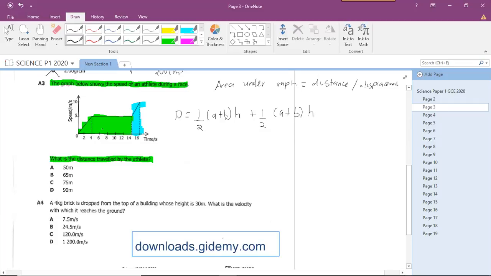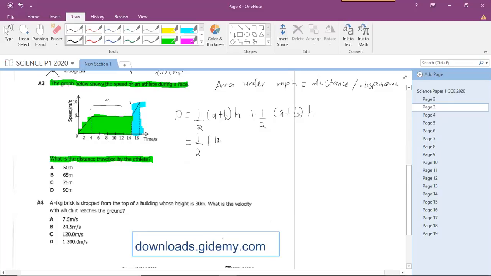So let's look at our first trapezium here, which I've highlighted in green. The distance from there to there is our shorter distance, which is A. And how do we get that short distance? It's 14 minus 4, right? So we're going to say half open brackets, 14 minus 4 is 10.